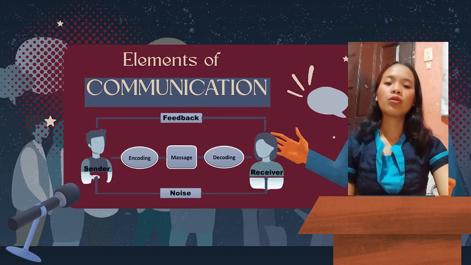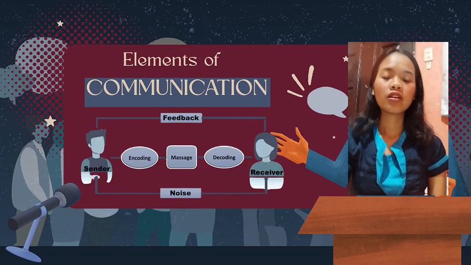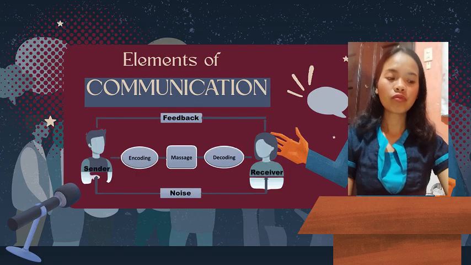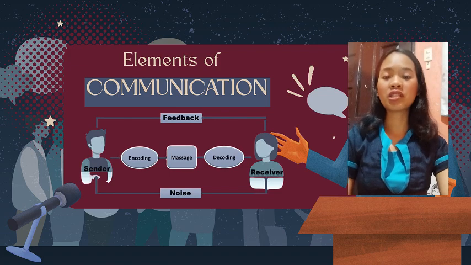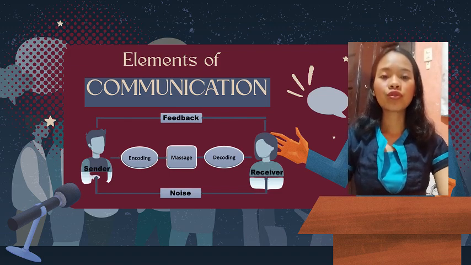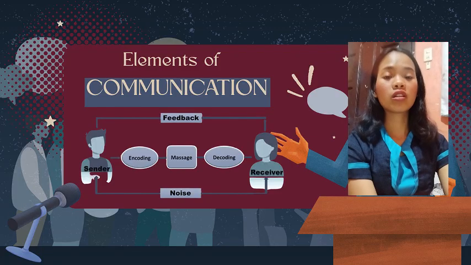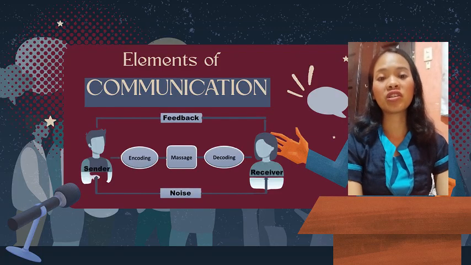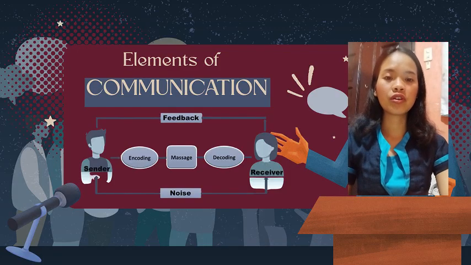Once the sender has delivered the message through various media forms, it is now the task of the receiver to decode the message, or translate it, in order to understand and analyze the information delivered.